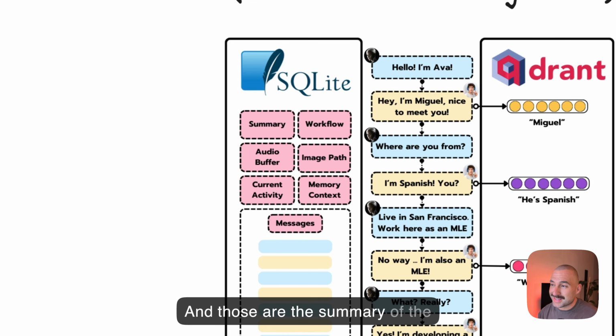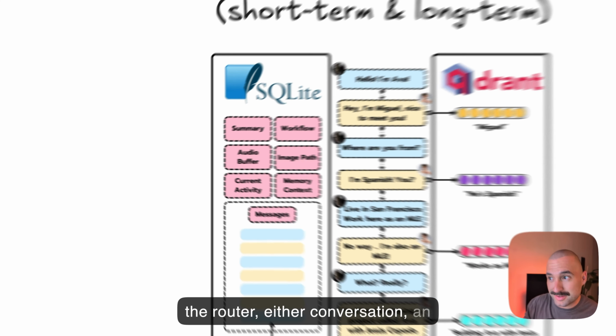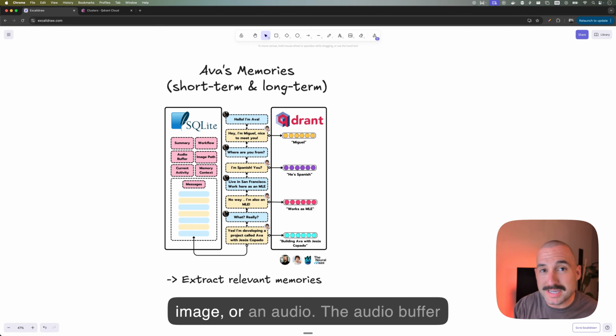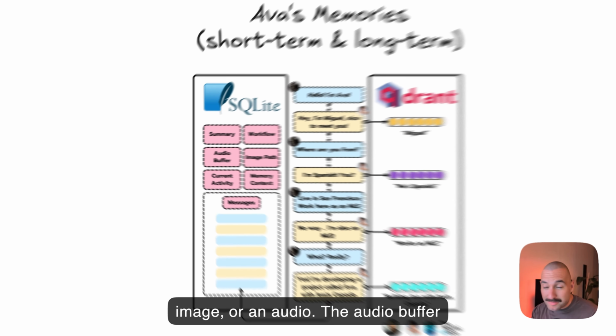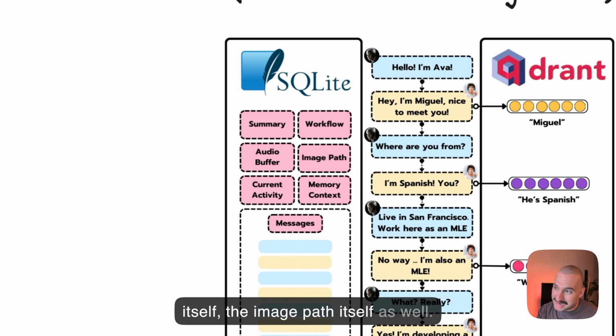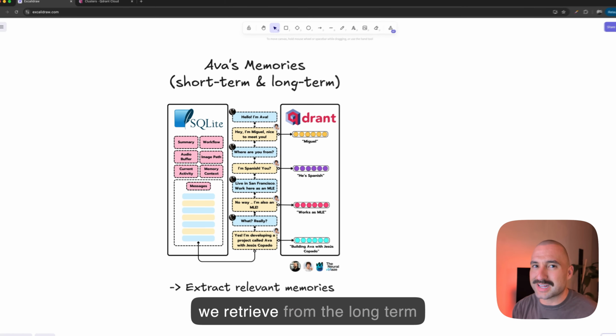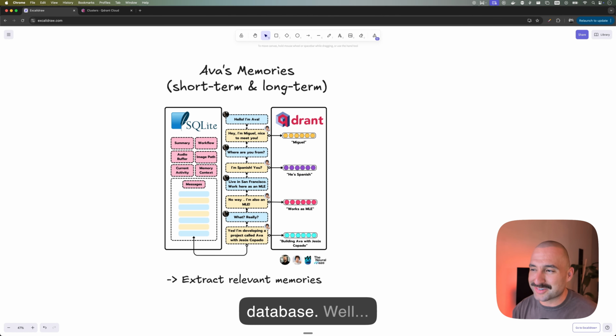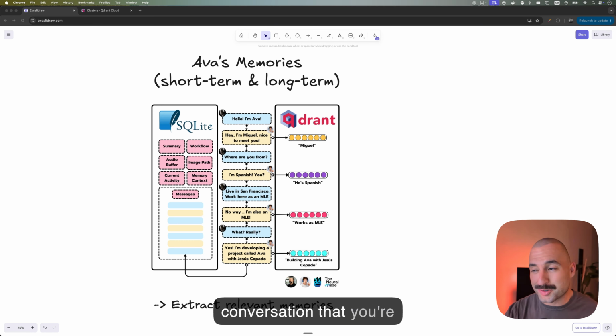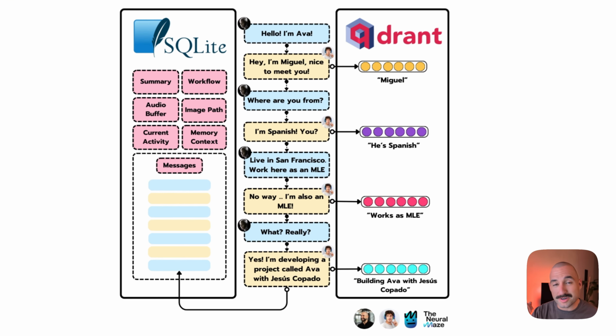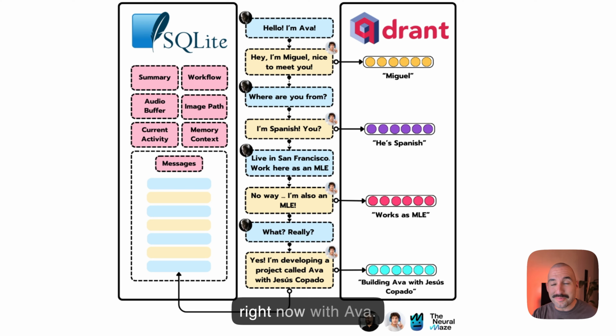Those are the summary of the conversation until that point, the workflow that has been selected by the router, either conversation, image, or audio, the audio buffer itself, the image path as well, the current activity that Ava might be doing, and the memory context, which refers to those memories that we retrieve from the long-term database. Plus, of course, all those recent messages of the conversation that you're having right now with Ava.